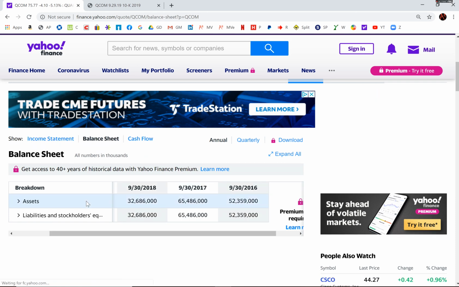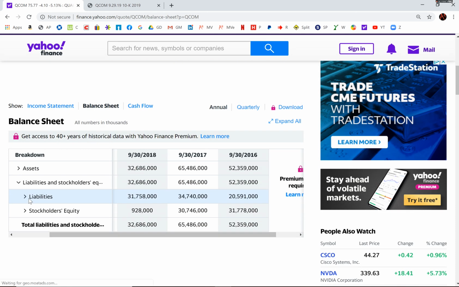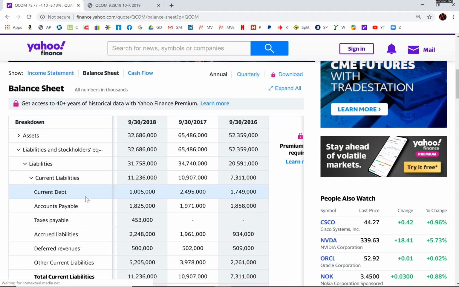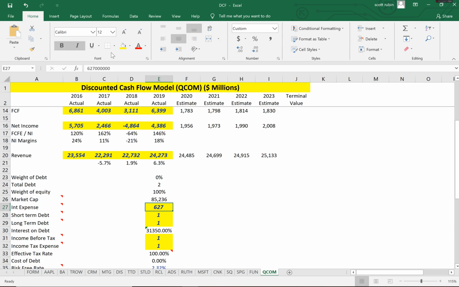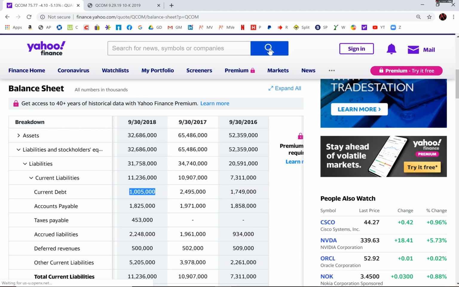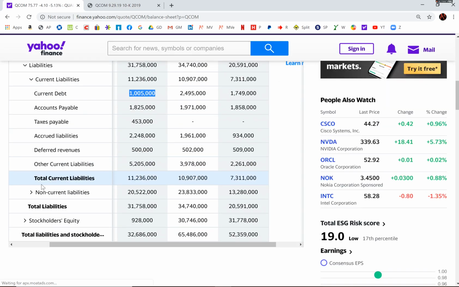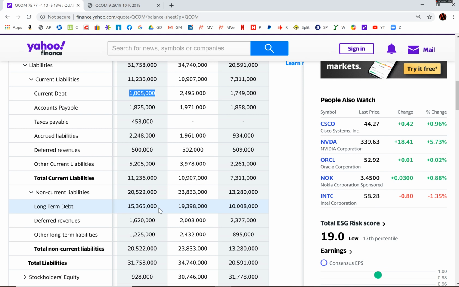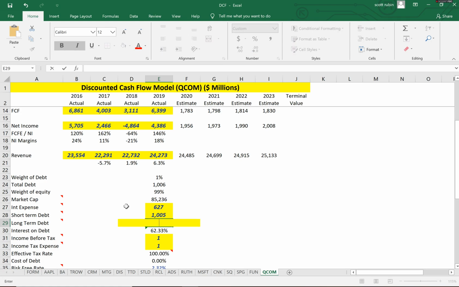and we need the short-term debt, which can be found on the balance sheet under liabilities. Short-term meaning it's due within a year. So the current debt is about $1 billion. And then the long-term debt, which tends to be higher, that's all debt due beyond a year. It could be due in 2 years, 20 years. And you can obviously look at the 10K to figure that out.